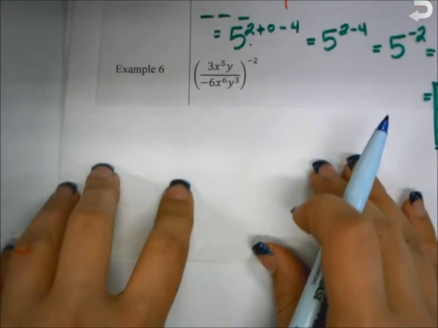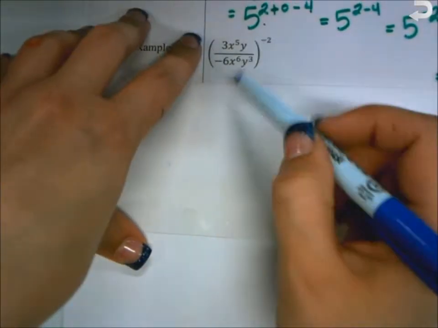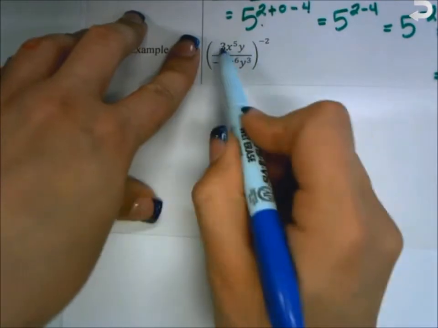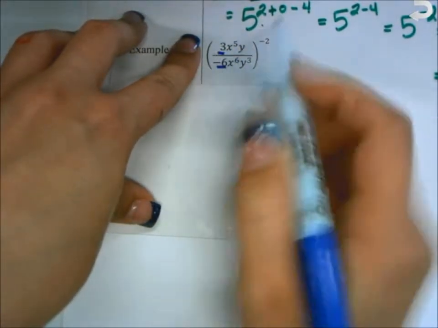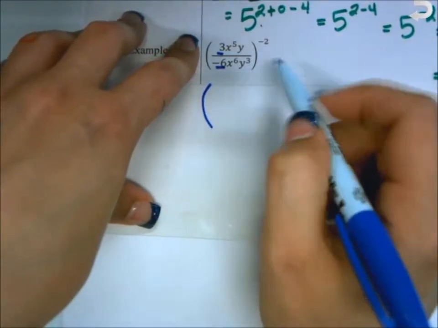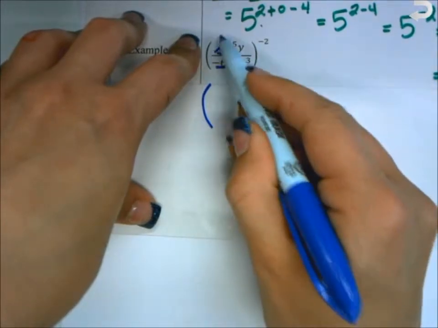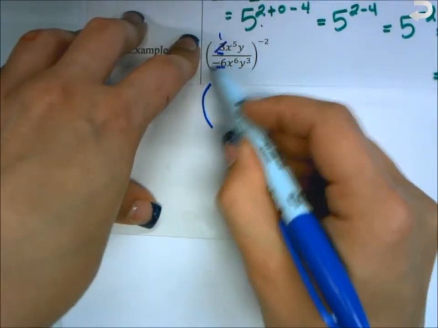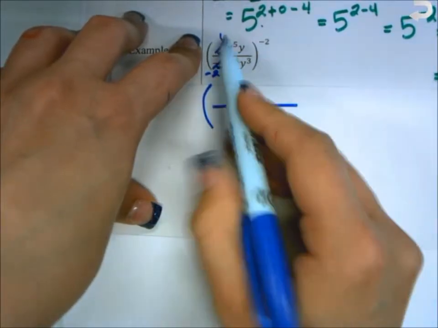So I notice that I have inside the parentheses a 3 and a negative 6. And since those are both constants, we can actually simplify that. 3 goes into 3 once, and 3 goes into negative 6 negative 2 times. So now the coefficient on top is just 1, so I'm not even going to write it. And on the bottom, I have negative 2.